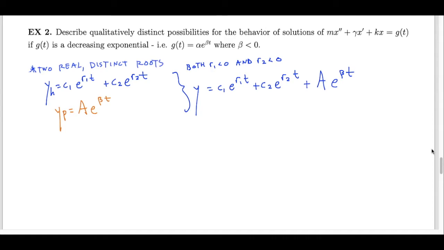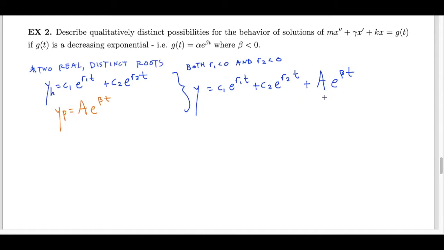And since I know that R1 and R2 and beta are all negative, I know that all three of the exponential functions that now appear in my general solution are all tending towards zero. Maybe there's something interesting going on in terms of the coefficients, and one is positive and maybe the others are negative, but generally speaking, the overall structure of this function is simply an exponential that is approaching zero.